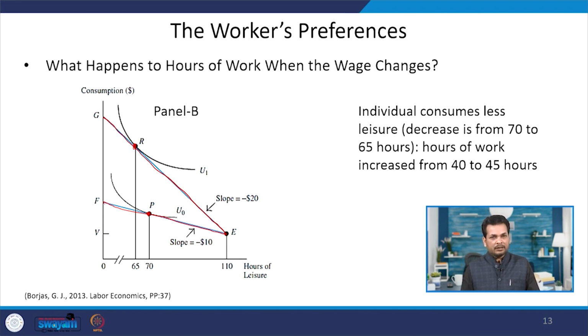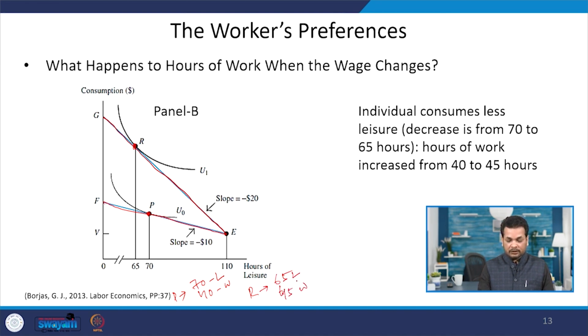Now, what is happening when you compare these 2 points, point P and point R? Earlier the worker was consuming 70 hours of leisure and having 40 hours of work. Now, at point R, the worker is having 65 hours of leisure and 45 hours of work, which means the work hours have increased and the leisure hours have decreased.